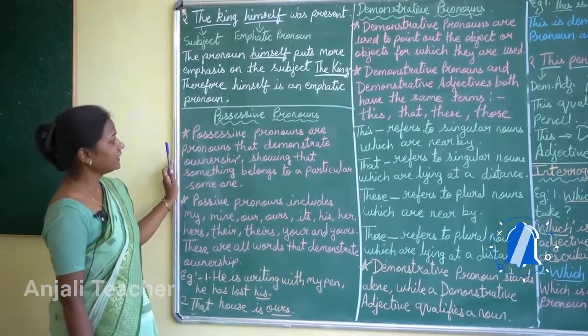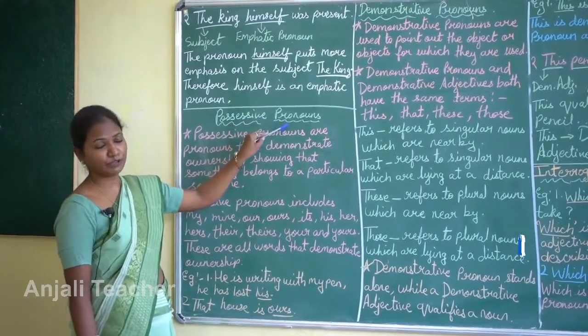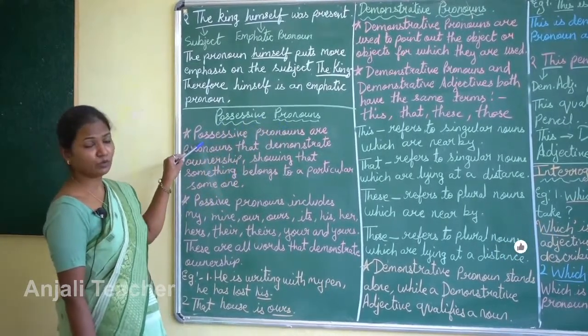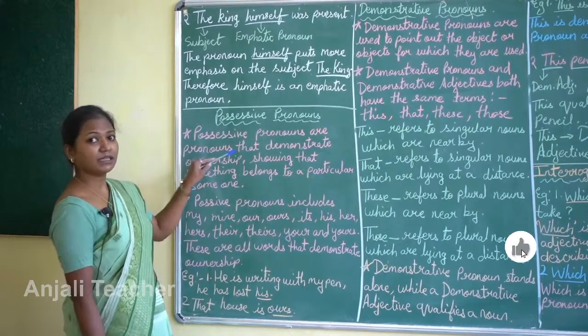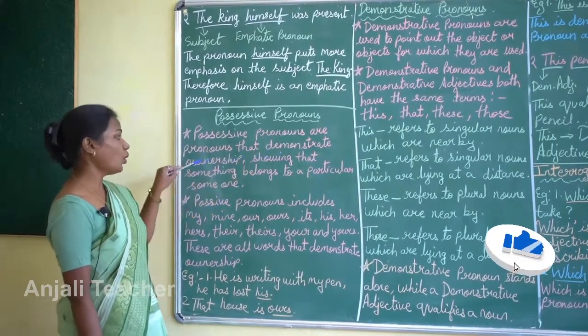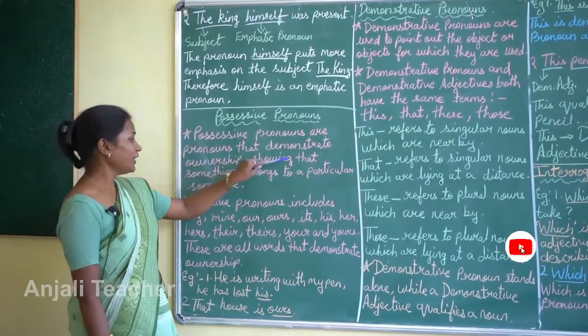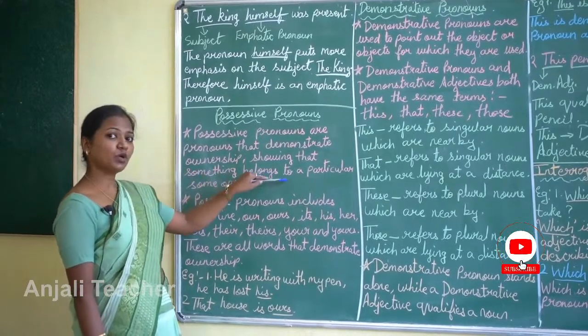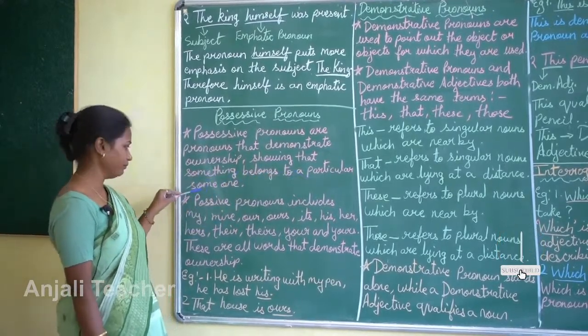The next kind is possessive pronouns. Possessive pronouns are pronouns that demonstrate ownership, showing that something belongs to a particular someone.